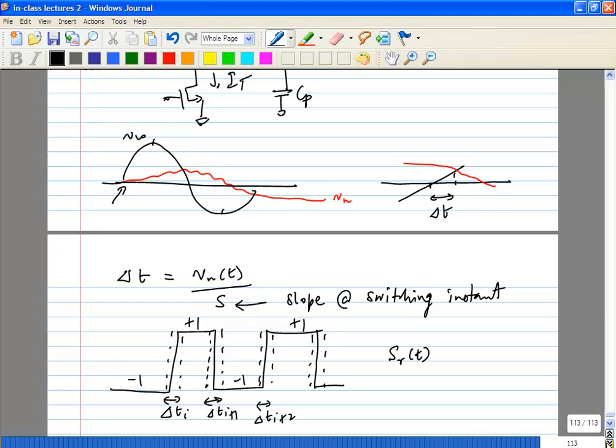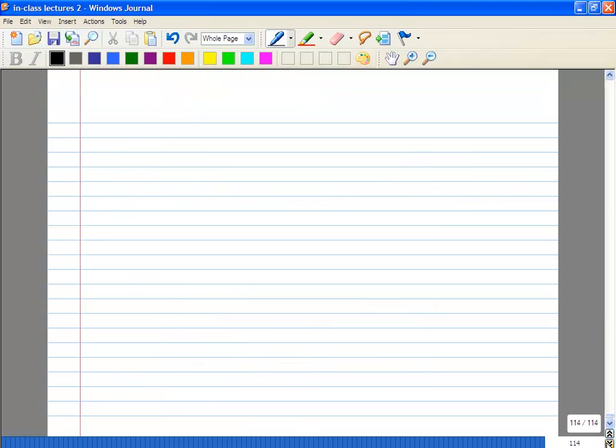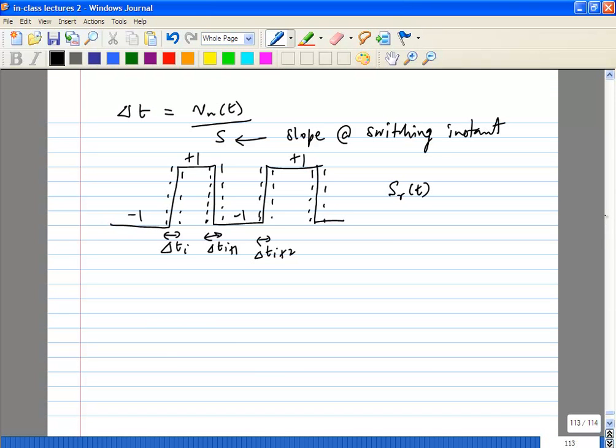We are going to write SR of t as S of t, which is your ideal switching waveform, plus the pulses at i minus 1, i plus 1 and so on, a bunch of pulses which contribute to the zero crossing change.